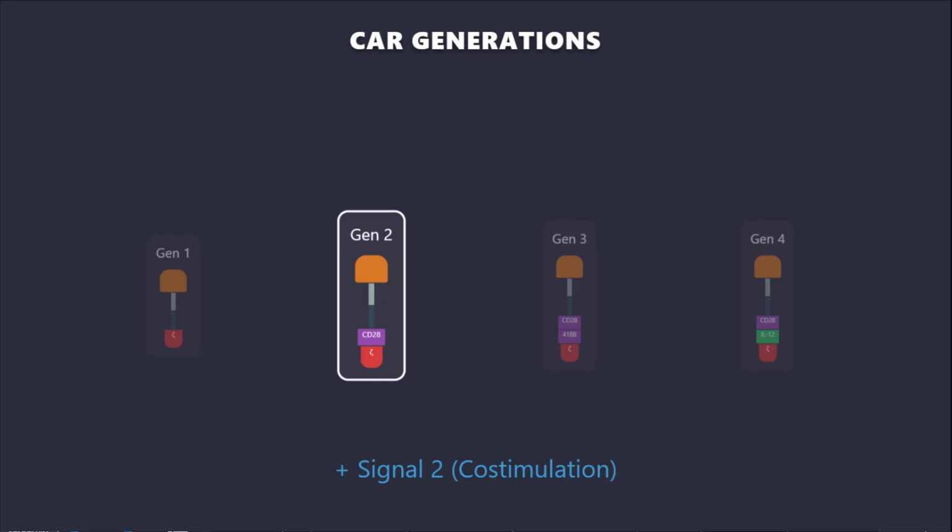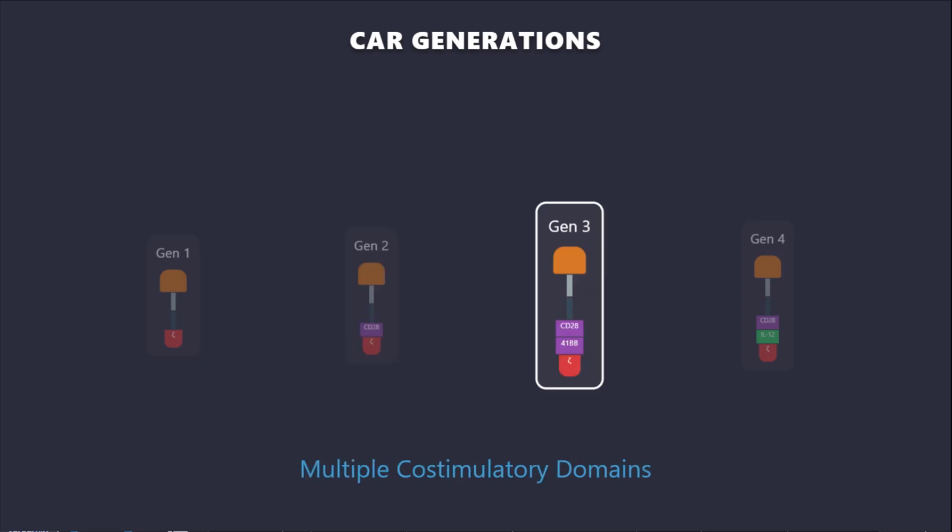This addition provides signal 2, significantly enhancing T-cell activation, cytokine production, and long-term persistence. Third-generation CARs include two distinct costimulatory domains, such as CD28 and 41BB, aiming for maximal signaling output, though clinical superiority over second-generation designs remains context-dependent.